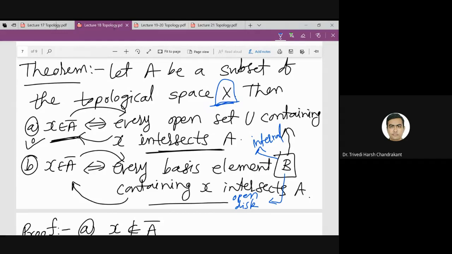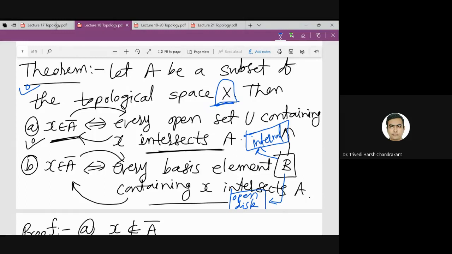So you can compare this result with the result in Analysis 1, that x belongs to the closure of A if and only if every neighborhood containing x intersects A. There, neighborhood means either an open disk or an open interval.